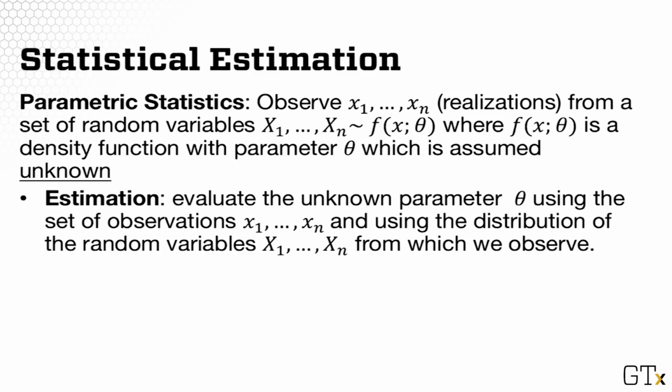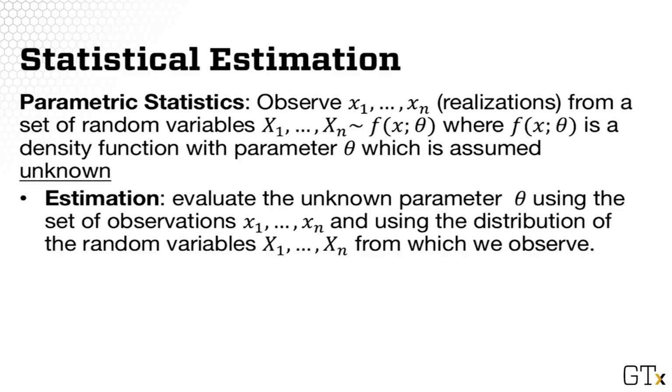Thus, first we start with realizations or observations denoted with small letters, call them x1, x2, xn. These are realizations of random data denoted in statistics with capital letters, big X1, big X2, up to big Xn.